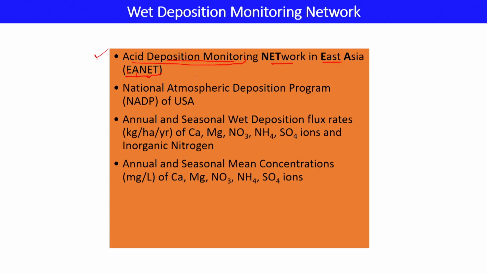This is specific to Asian perspectives, and the USA has its own National Atmospheric Deposition Program. Lots of activities are happening on wet deposition and dry deposition, and it is very important to know the annual and seasonal wet deposition flux rates in understanding the biogeochemical processes.